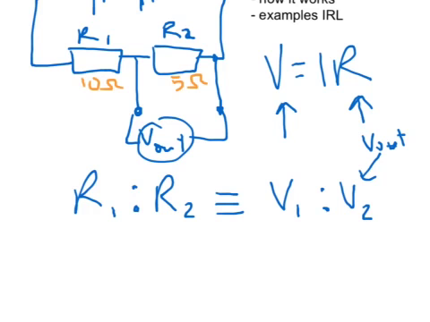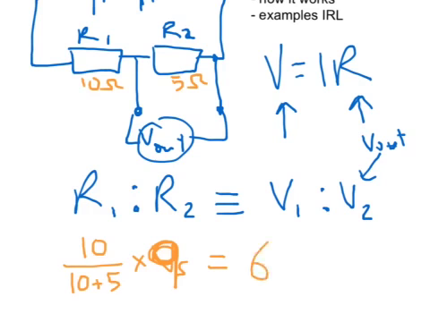I'm going to do it one way, but you should be able to get a sense of what's happening. 10 ohms out of the total 10 plus 5, times the voltage supply, which in this case is 9 volts. 10 over 10 plus 5 is 2/3, and 2/3 of 9 is 6 volts. That means V out is going to be 3 volts.